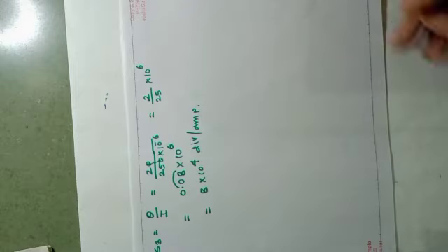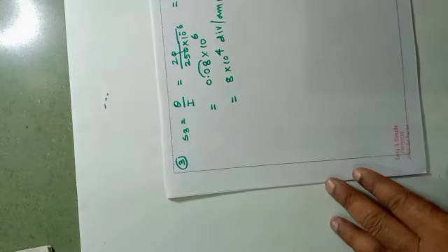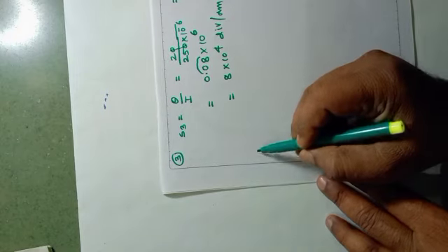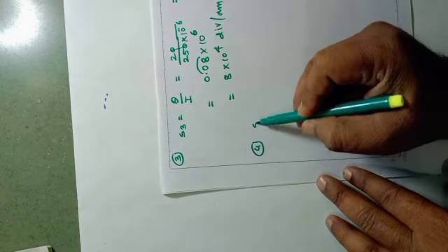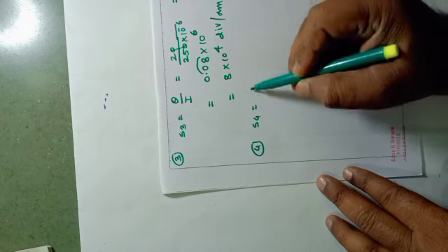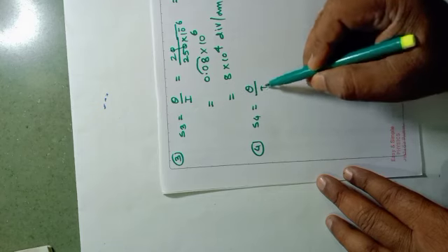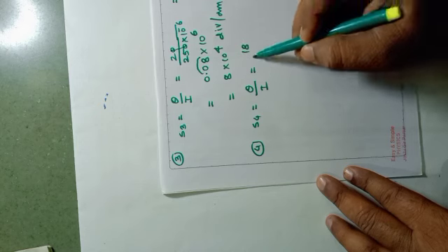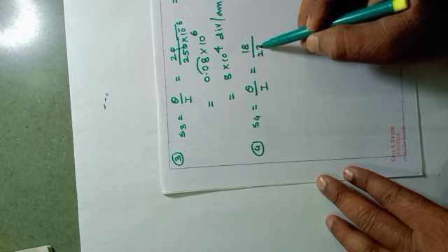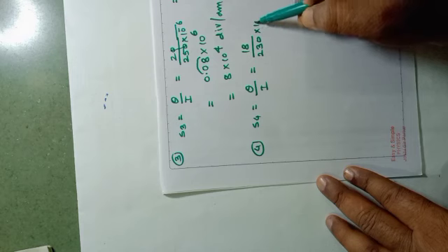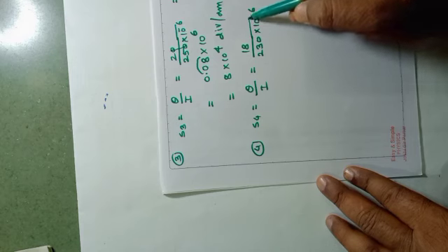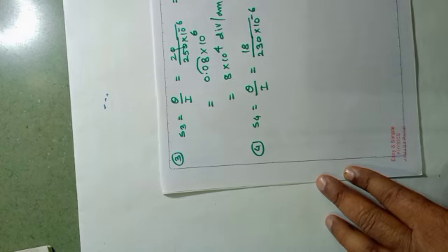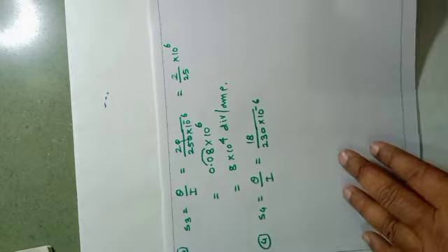And lastly, the sensitivity for the fourth reading will be S4, it will be theta upon I. It gives 18 upon 230 into 10 to the power minus 6. So here 1 0 can be removed from minus 6.